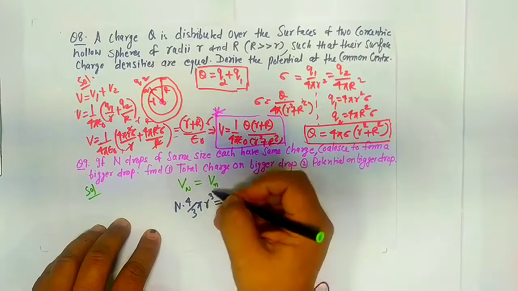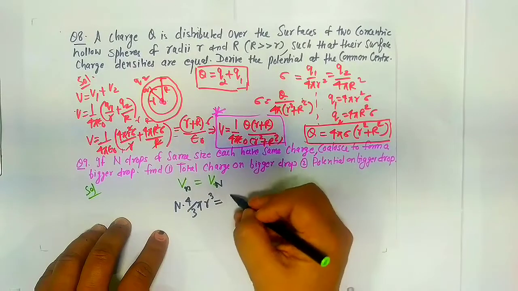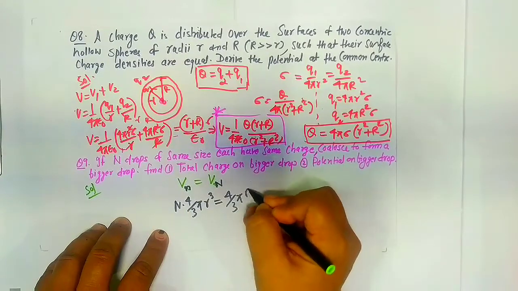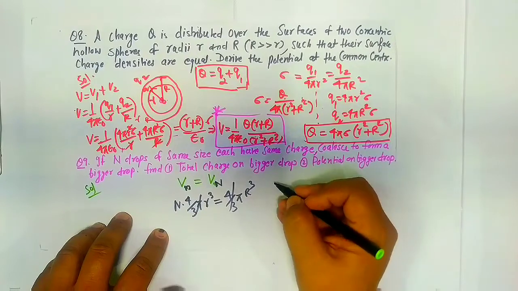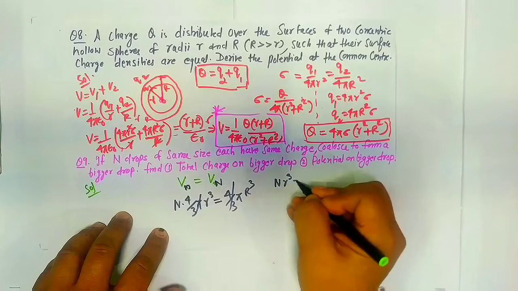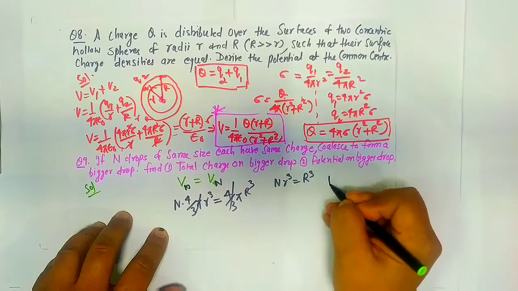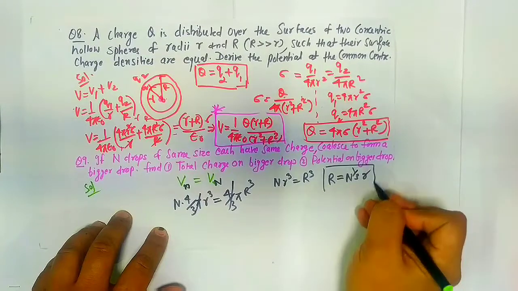And then the volume of the bigger drop will be 4 by 3 pi R cube. So you can relate it. You get a relation that n r cube will be equal to R cube. So can I write n to the power 1 by 3 times r? Yes. This we have done.